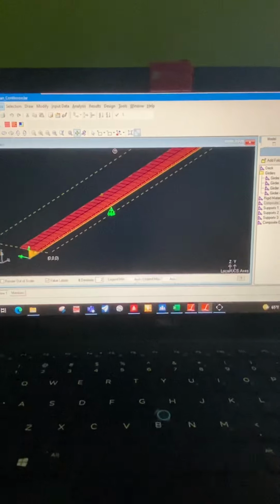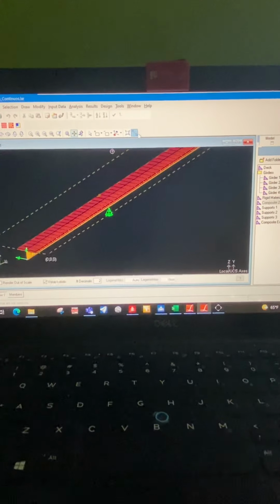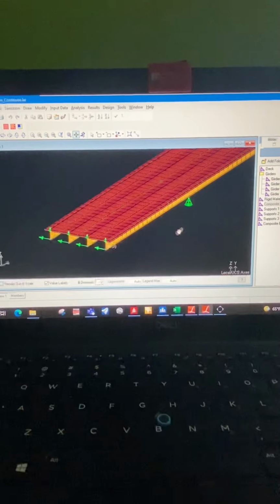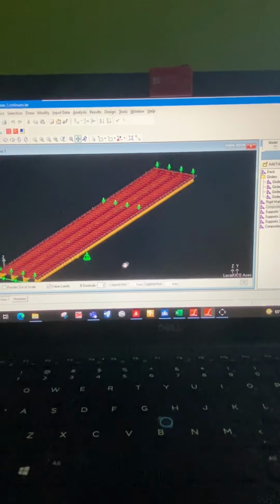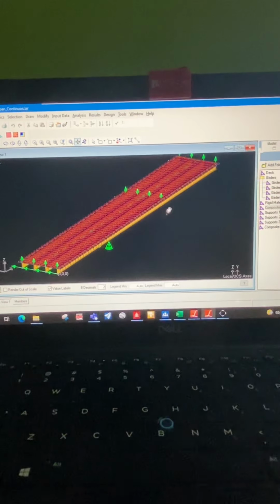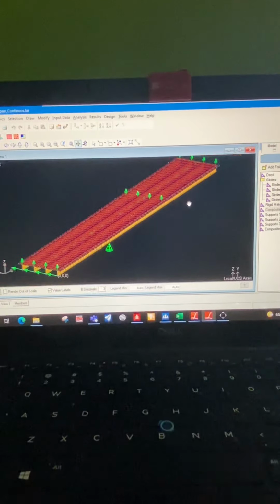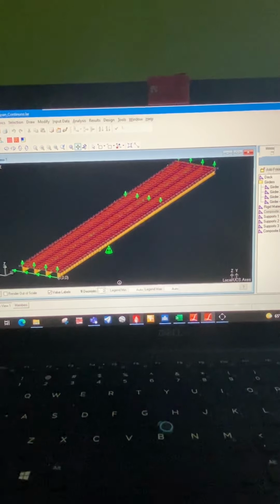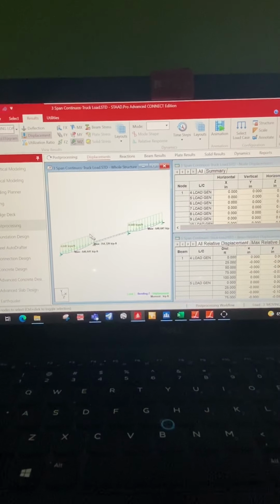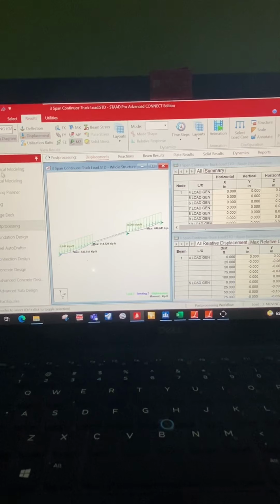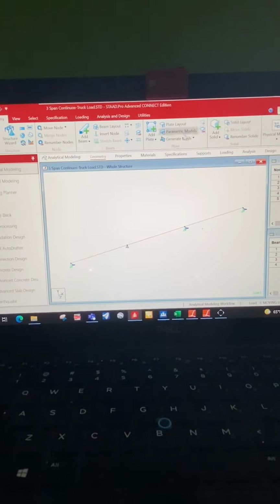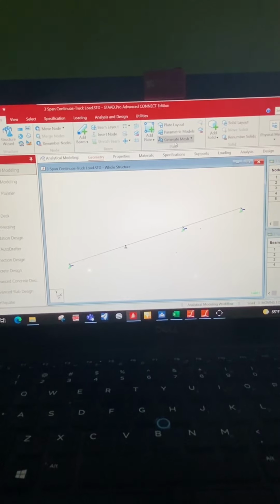Let me just show all the 3D rendering for the bridge. It's a 100-foot span in each span, and we have 3 spans. That's our 3D analysis, and we can also see this in 3D.